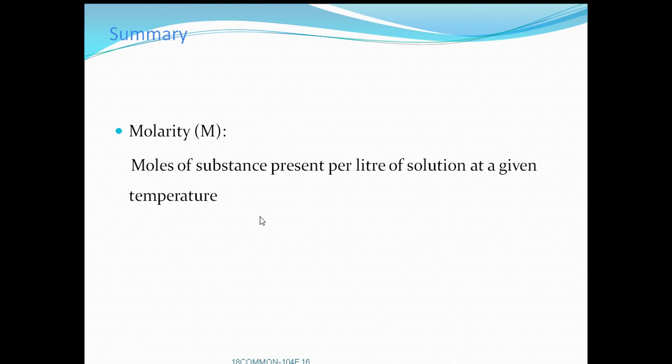So I am repeating what we discussed in these 10 minutes. Molarity, capital M: what is molarity? The number of moles of substance present in 1 liter of solution at a given temperature is called molarity. Molarity unit is number of moles per liter.